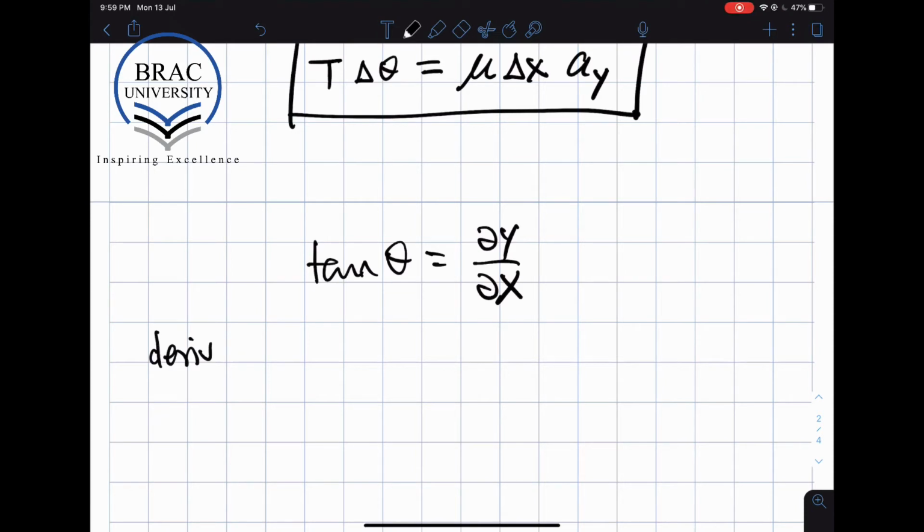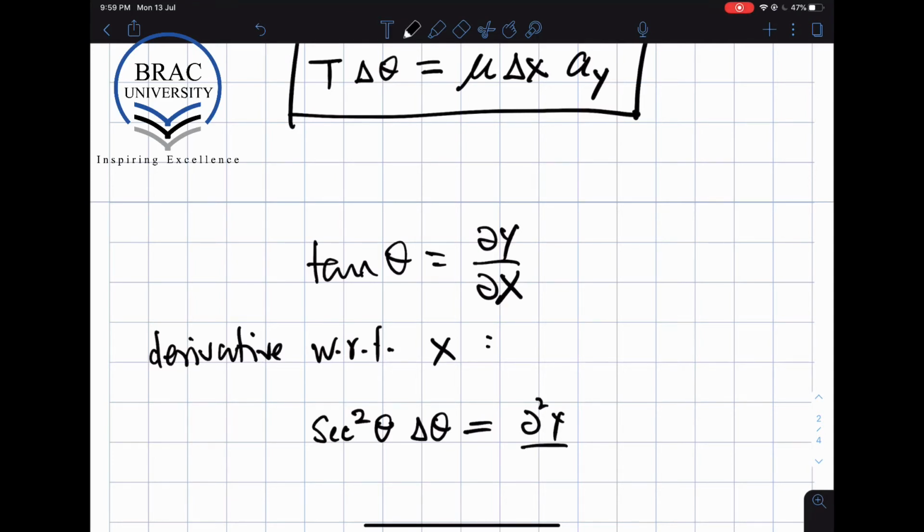Using the chain rule, we get sec squared of theta times d theta/dx, but I'm just going to write this as delta theta, and take the delta x to the other side, and here we have a second derivative times delta x.